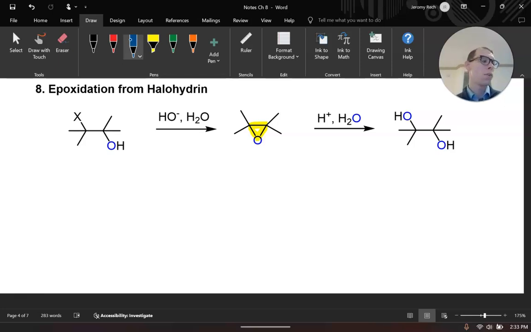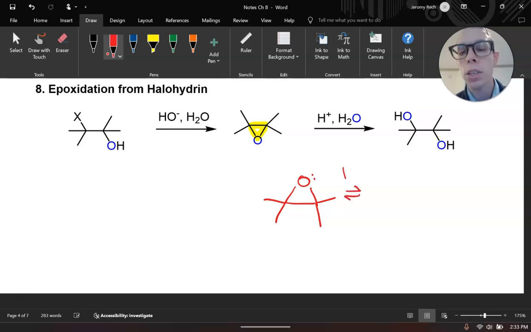Now, if you take an epoxide and react it in acidic conditions, what's going to happen is the oxygen on the epoxide, and maybe we'll actually draw that over here. So if you have an oxygen in your epoxide and you expose that to an acid, it will be protonated. We've seen a variety of reactions that are similar to that.